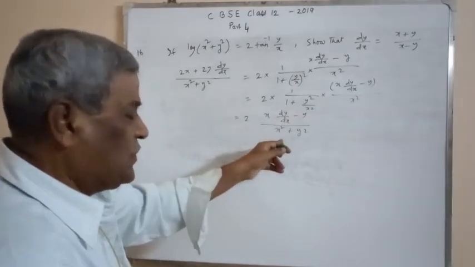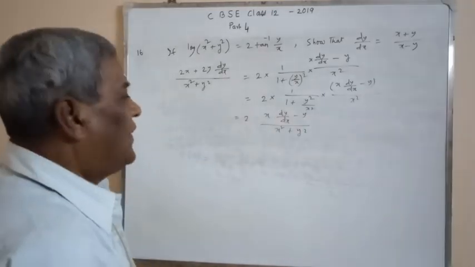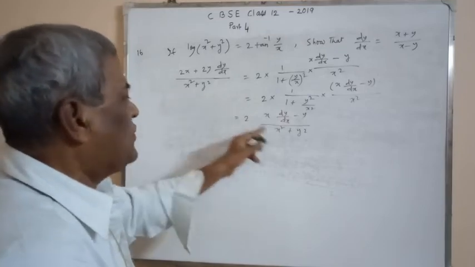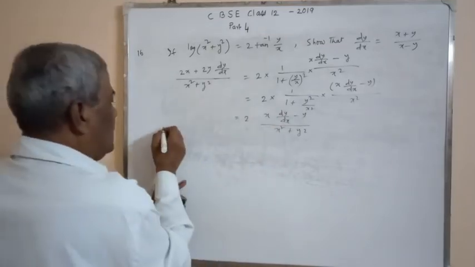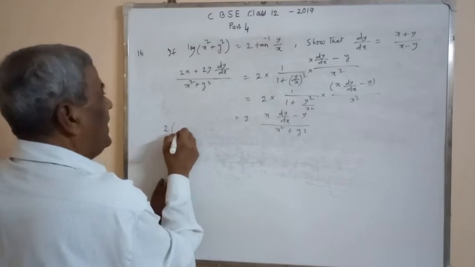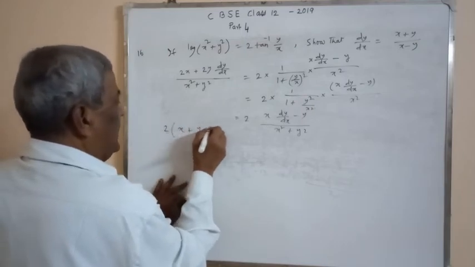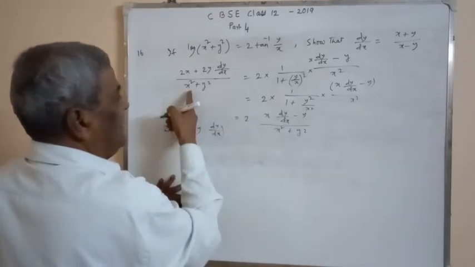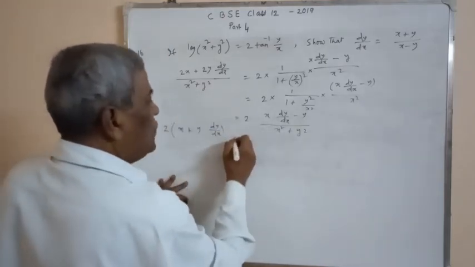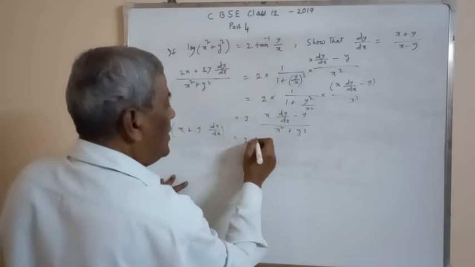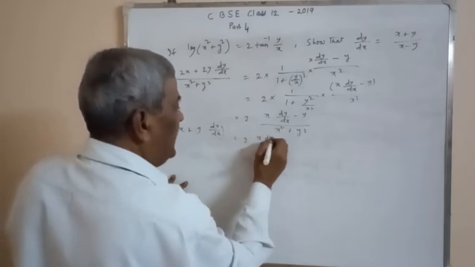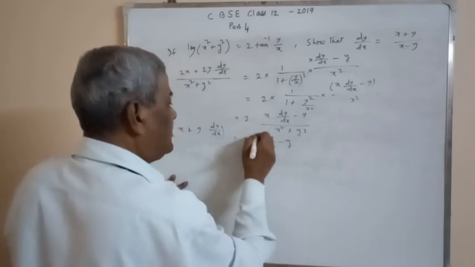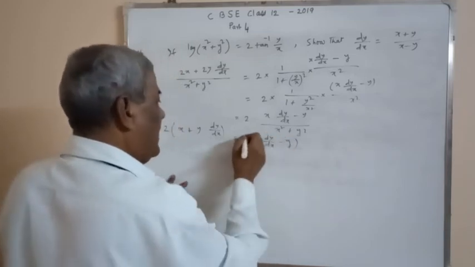Now from these two sides, cancelling the factors x square plus y square, we get 2 into x plus y dy dx is equal to 2 into x dy dx minus y. Now cancel 2.